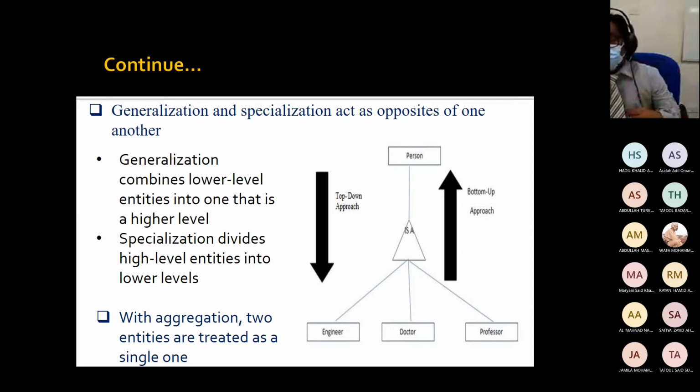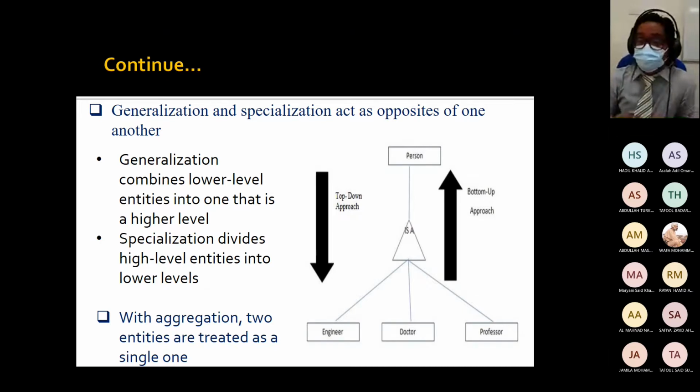At least you have an idea how generalization and specialization act as opposites of each other. Remember, generalization and specialization are part of the added features, which was also mentioned among the advantages of EER compared to ER.